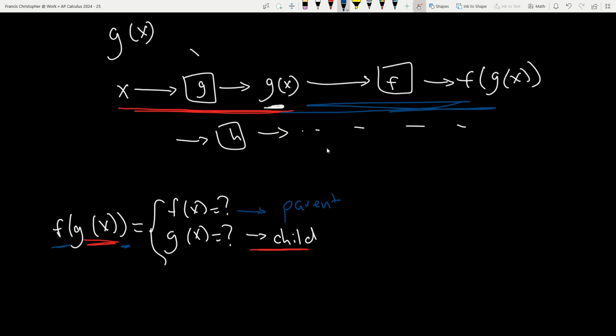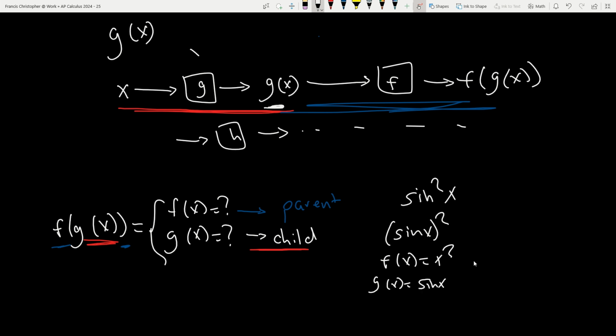The reason why I use this instead of inner and outer is because sometimes if you see this, some people see sine as kind of the outer function, when in reality this is just sine x squared. So here f of x equals x squared, g of x equals sine x, and remember plugging in g into f.